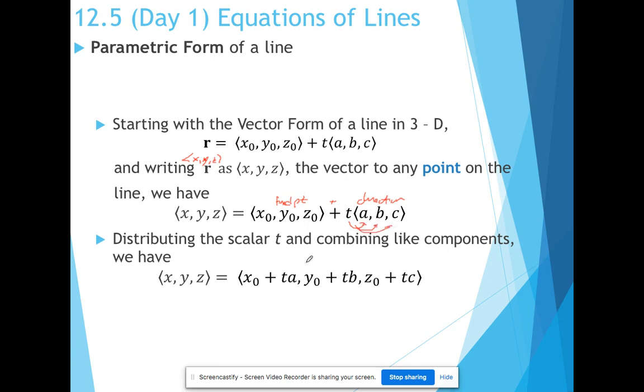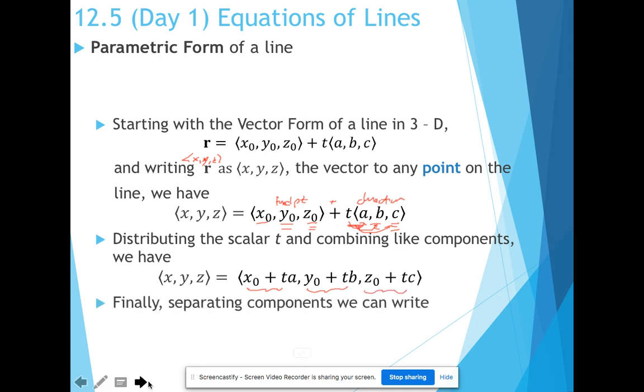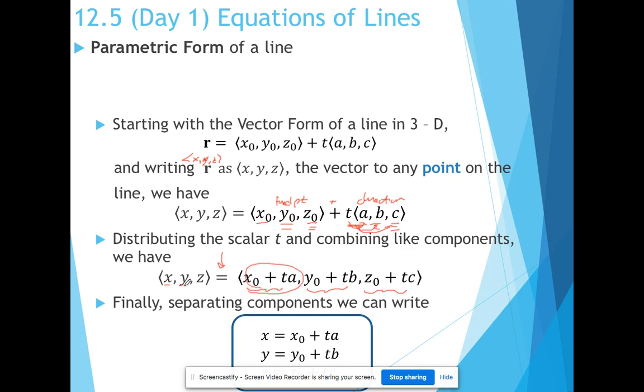And then I combined like components: the horizontal component, the vertical component, and the z component, combine like terms, kind of, sort of. And then just separated it out across this equal sign: x, y, and z. And there is the parametric form of a line.